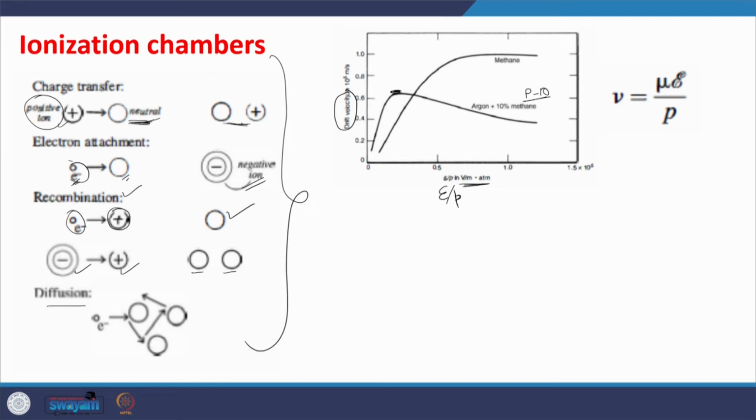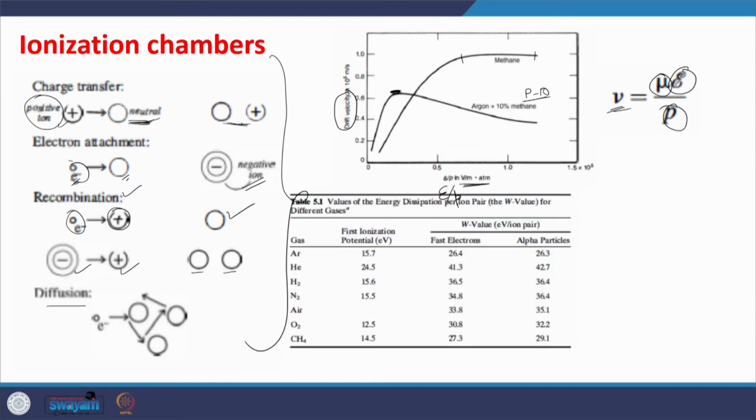Here the drift velocity is constant, and if methane is used, of course you can use 0.6 to say 1.2 volt per meter atmosphere, and the drift velocity is given by the mobility of the charge carrier, the electric field and the pressure of the gas.